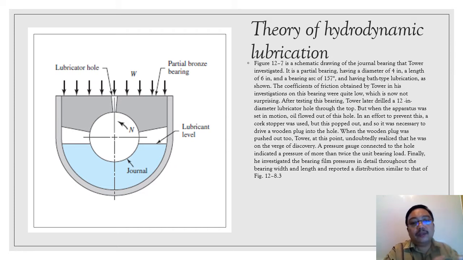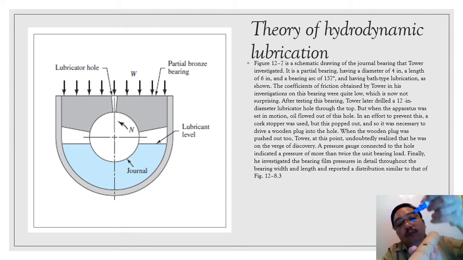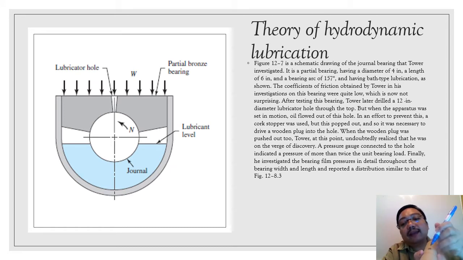When he drilled a hole at the middle of the journal like this, to put the oil in, and when the journal operates, whatever he put to plug the hole, it flew away.